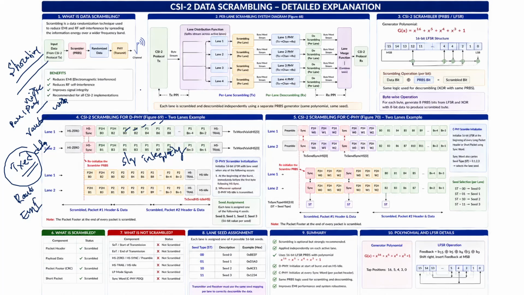So the input data goes through the scrambler, and the randomized data is transferred through the PHY layer. In this way, the actual information appears at the receiver side. Without a scrambler, the camera takes too long to capture the pixels, and repeated zeros or repeated ones are transmitted, which loses our data. So that should be avoided by using scrambling.